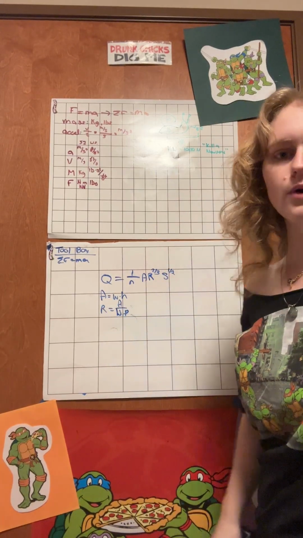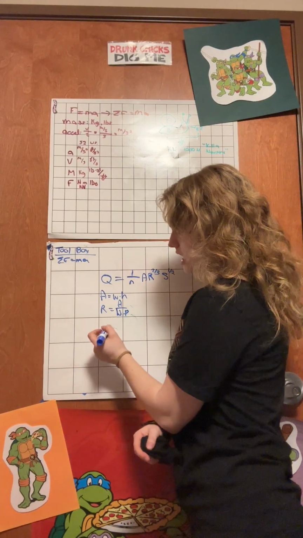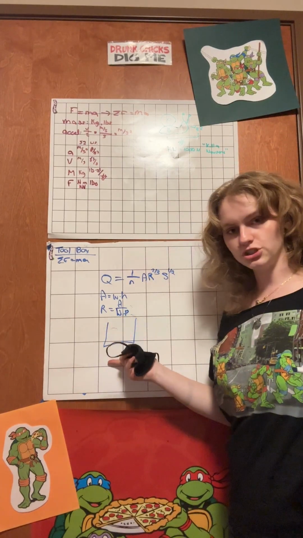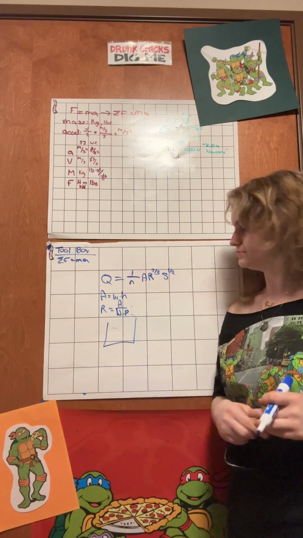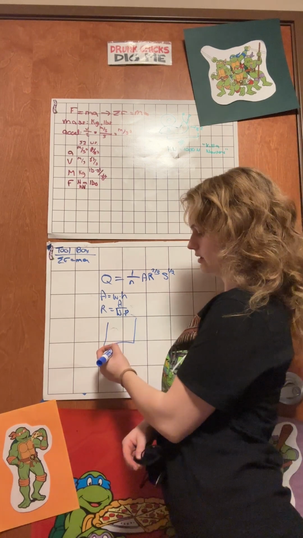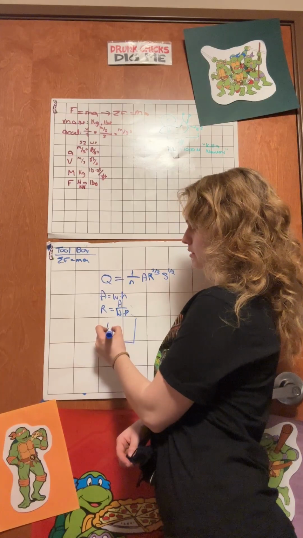What's wetted perimeter? Let me tell you. Say I have this channel and I have water flowing through it, and the water is up to right here.